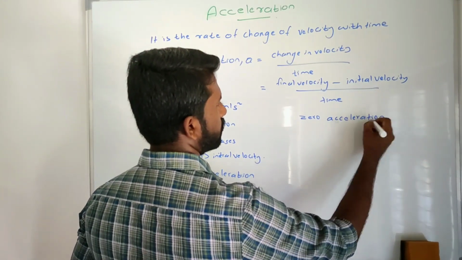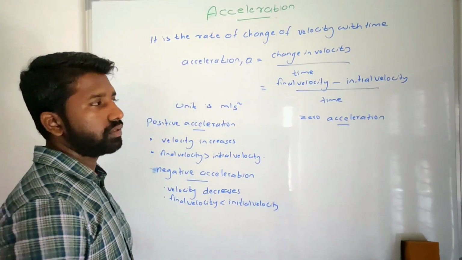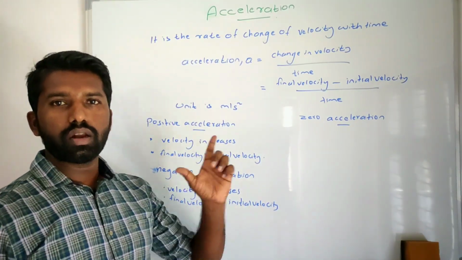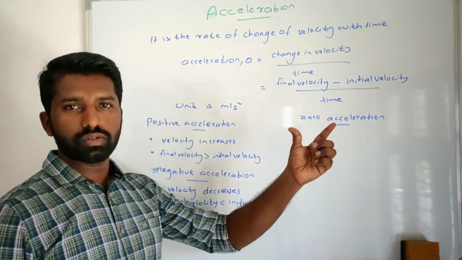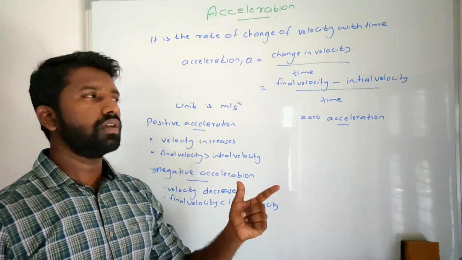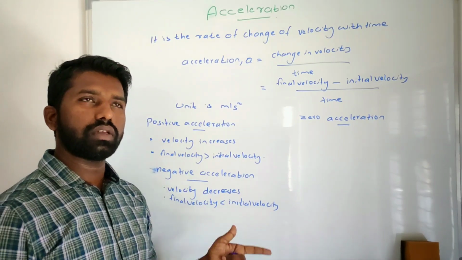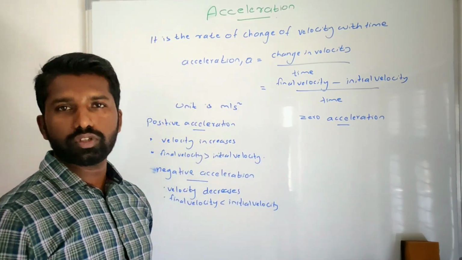And the acceleration is zero. Zero acceleration means the initial and final velocity are equal. That means the object moves with a constant velocity, so the acceleration is zero. Otherwise, we can say the object is in uniform motion.